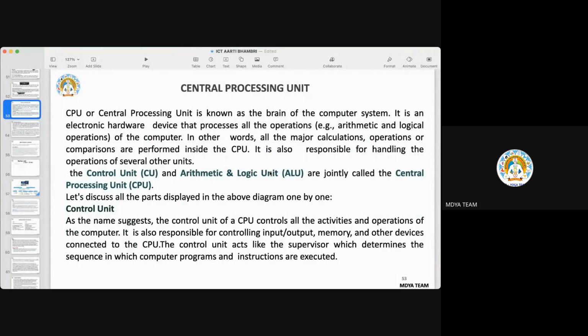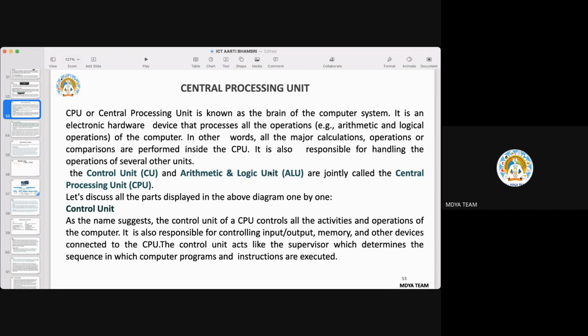Now, the control unit controls the various activities and operations within the computer. So it is responsible for controlling input output devices, memory circuitry or memory components, and all other devices connected to the CPU.